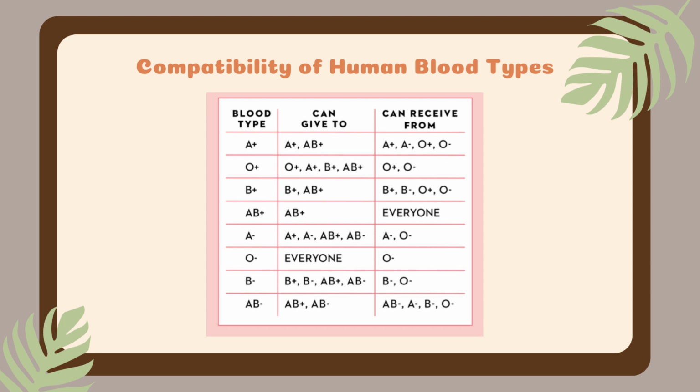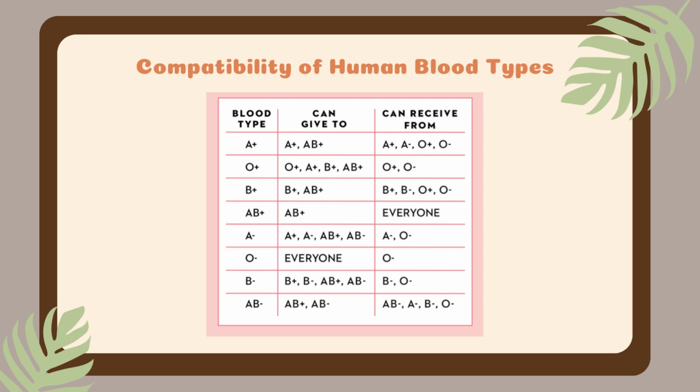If you are donating your blood and you have a blood type of A plus, you can give your blood to A plus and AB plus. We all know that O blood type is considered the universal blood, so O can be compatible with any blood type except AB plus, because AB plus is the independent one.